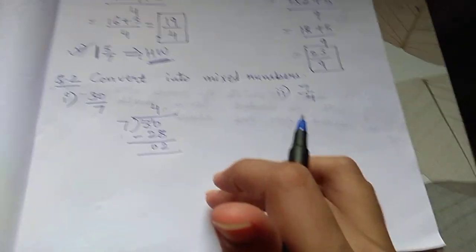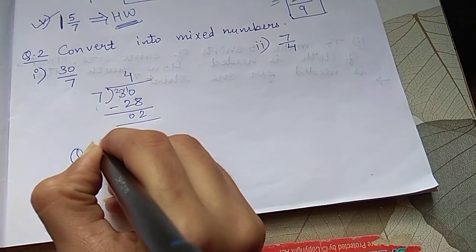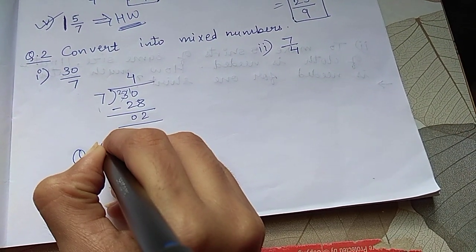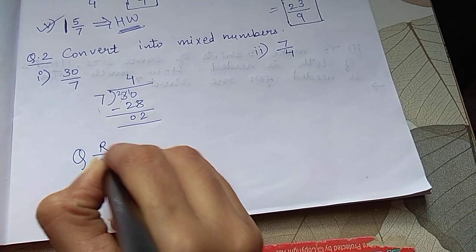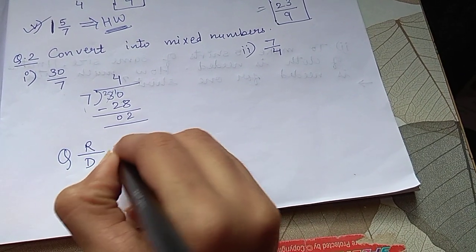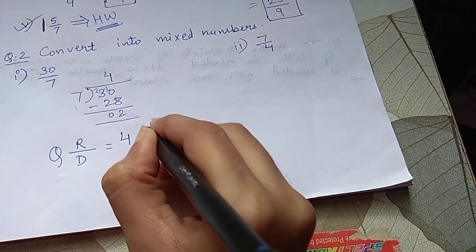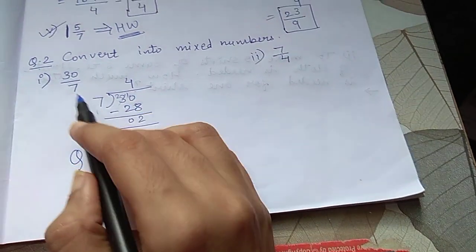Now how to make this a mixed number? There is one trick I gave you all: quotient, remainder upon divisor. So what's the quotient? 4. What's the remainder? 2. And what's the divisor? 7.